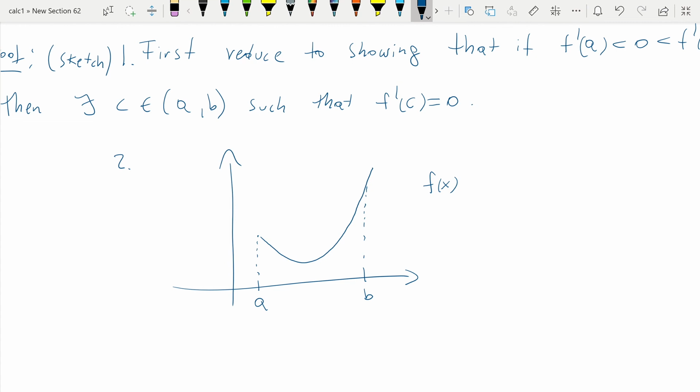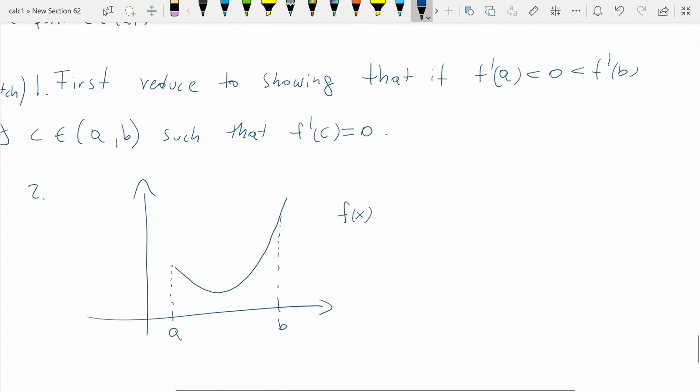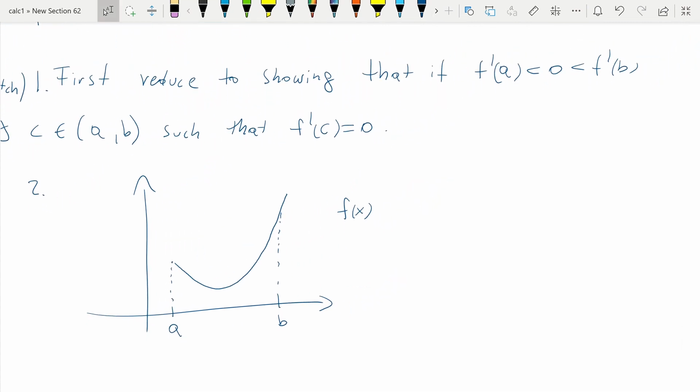So f prime being less than 0 means that the slopes of the secant lines are approaching a negative value, right? If you look at the definition of the derivative, that implies that there's a point.